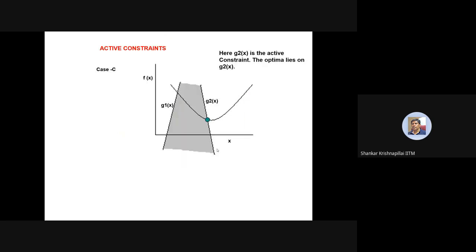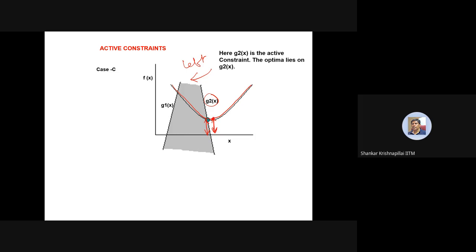Then another case is where the entire feasible region is shifted to the left. Now the minima occurs at the intersection of G2 and the objective function. If there were no constraints, this would have been the minima, the lowest point.